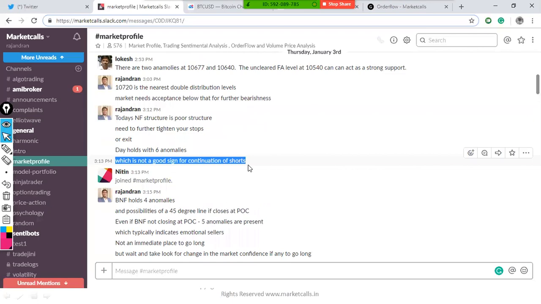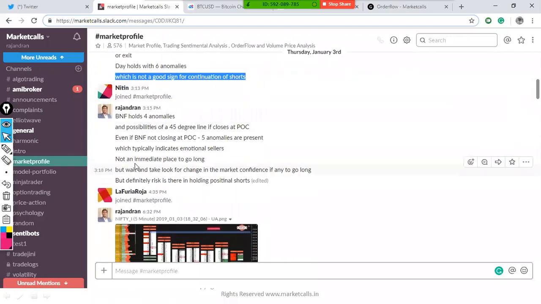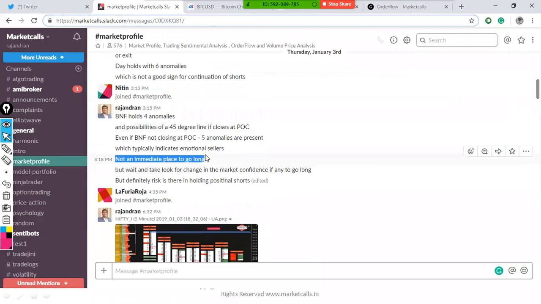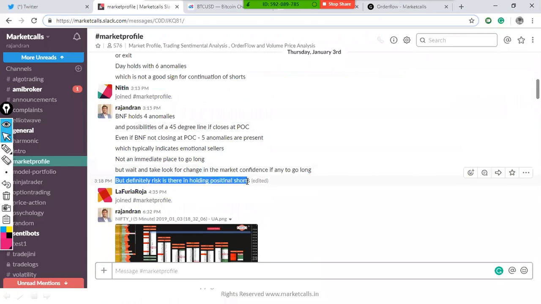So when we saw that 6 anomalies are there, we stepped away from our shorts. And my observation on that day was that 3rd of January is not an immediate place to go long, but wait and look for a change in market confidence if you need to go long. But definitely there is risk in holding positional shorts. So we gave up our shorts and we waited for the next day.